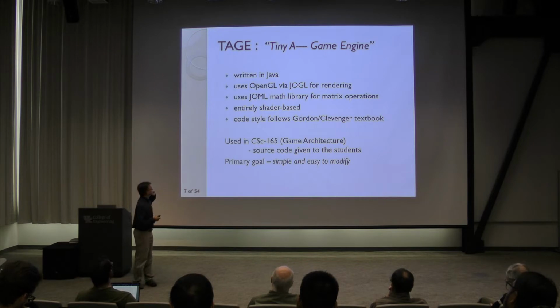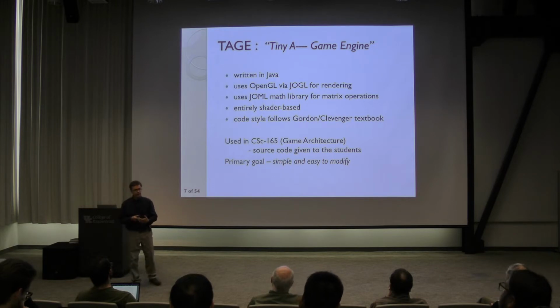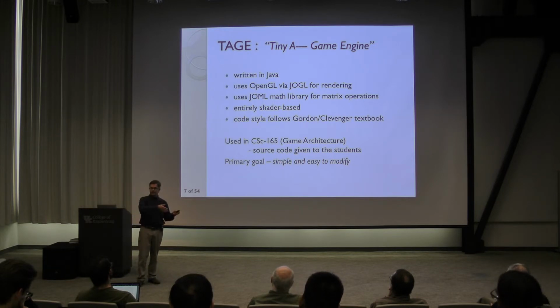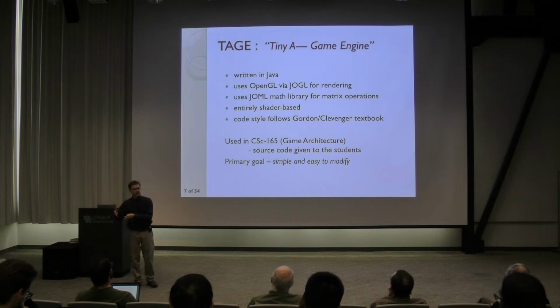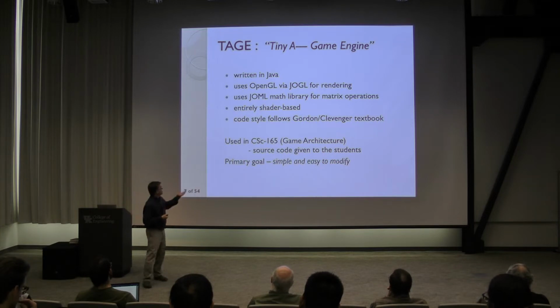Another thing is that I wanted this game engine to match the code style of the textbook, because a lot of the students taking the game architecture class are also taking the graphics class. So I wanted the code to be very, very similar. The code style really follows the textbook.